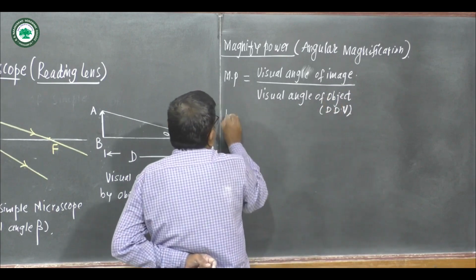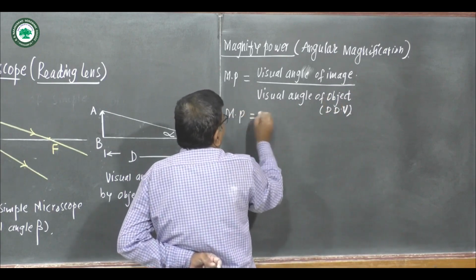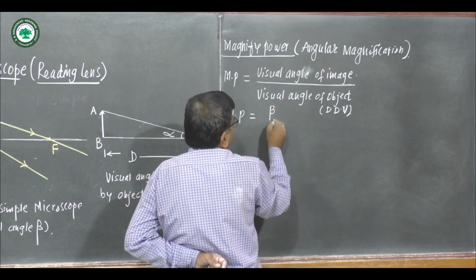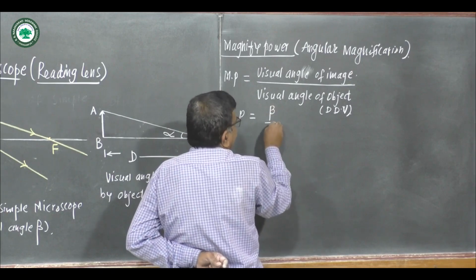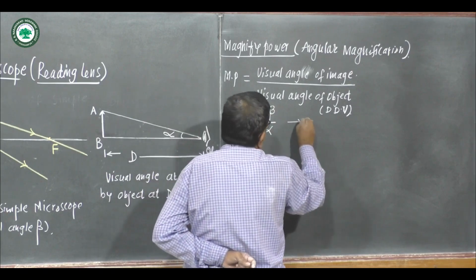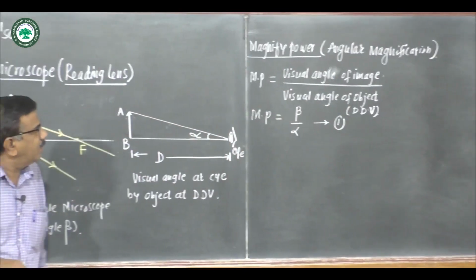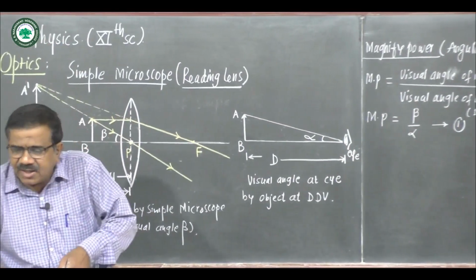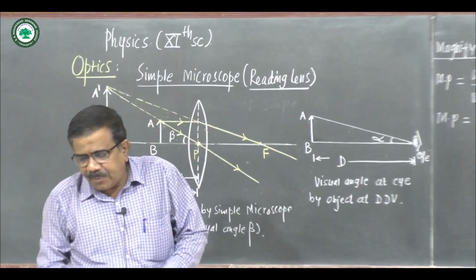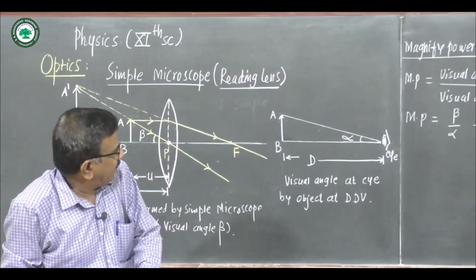It means this MP is: the visual angle of the image is beta, and the visual angle of the object if it is at DDV is alpha. So the magnifying power of the simple microscope, or angular magnification, is beta upon alpha.